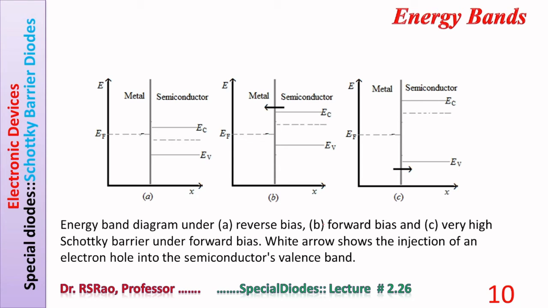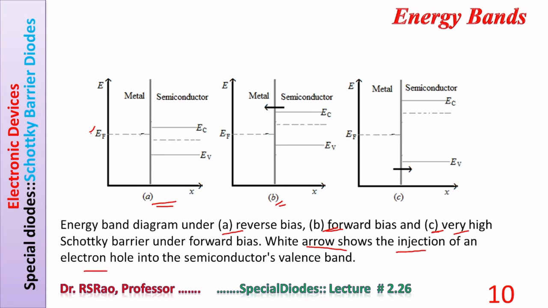Energy band diagram of SBDs. They are given here. A shows the energy levels under reverse bias, B shows energy levels under forward bias, C shows under forward bias, but it exhibits energy levels when the barrier height is very high. The white arrow shows the injection of an electron hole into the semiconductor's valence band.